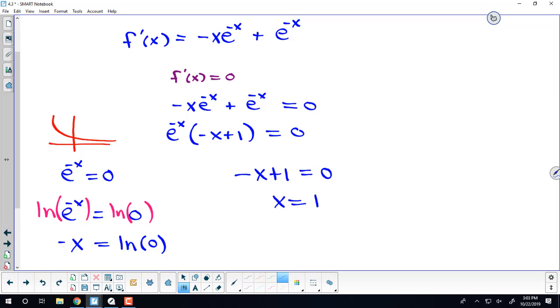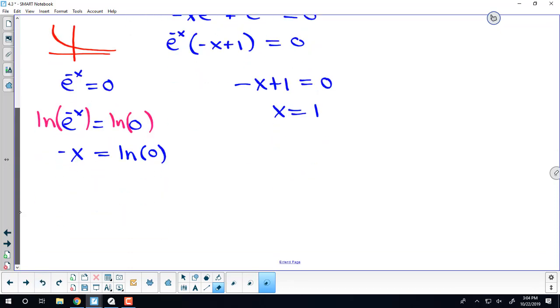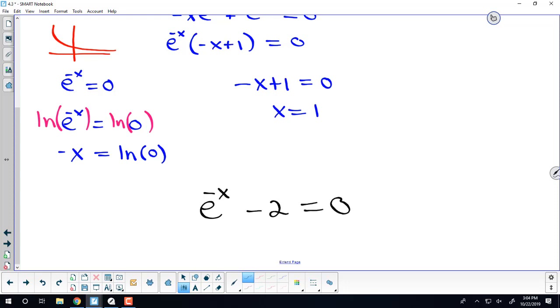The only way these exponentials are 0, of course, is if you shift them, right? Like if I took e to the negative x and I shifted it, then it has a 0 there. But you would see that come out in a more algebraic procedure like we've done here. I don't want to erase that. Let me just say, what if we had e to the negative x minus 2, and we want to know when that equals 0.